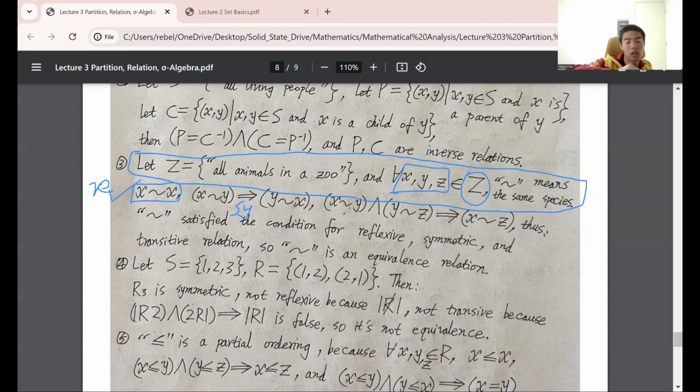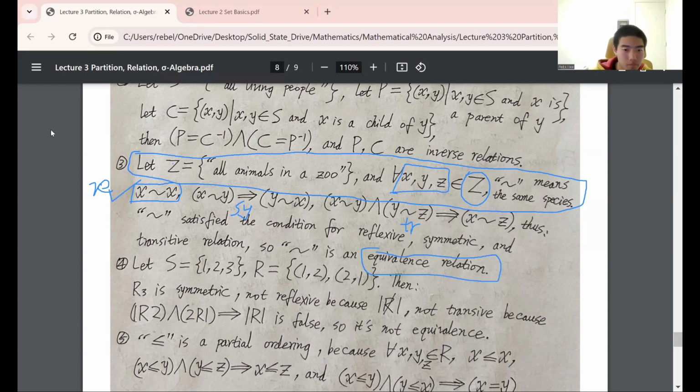And if the third is equal to the second one, then the third is an elephant, and the third is equal to the first one because they're all elephants. So transitive is proved. We can find out that the same species relationship is reflexive, symmetric, and transitive, so we call it an equivalence relationship here.